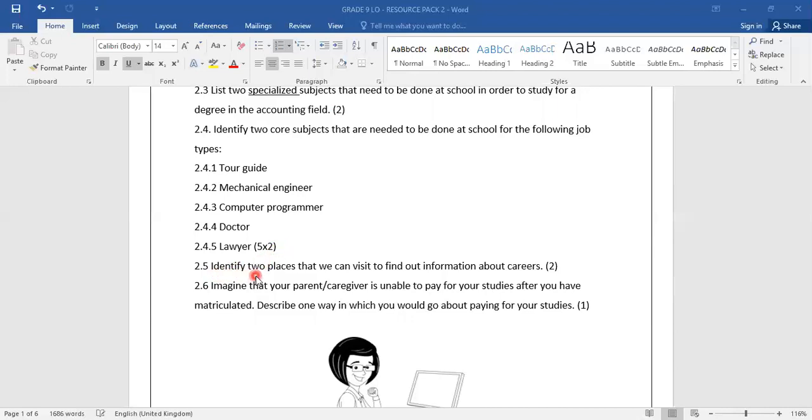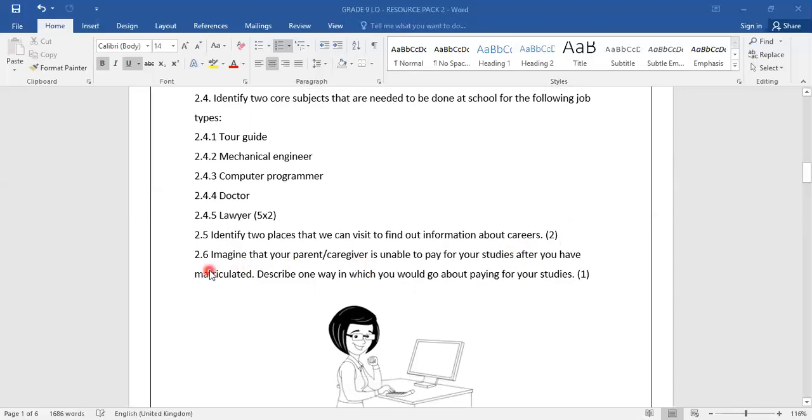2.5 requires you to identify 2 places that we can visit to find out more information regarding careers. Places such as your library, your school, also your LO educator who works at school, such as I am Mr. Essie or Mrs. Essie Smart, as well as the internet, and even, if need be, visit a tertiary institution to find out about the requirements for that particular career field.